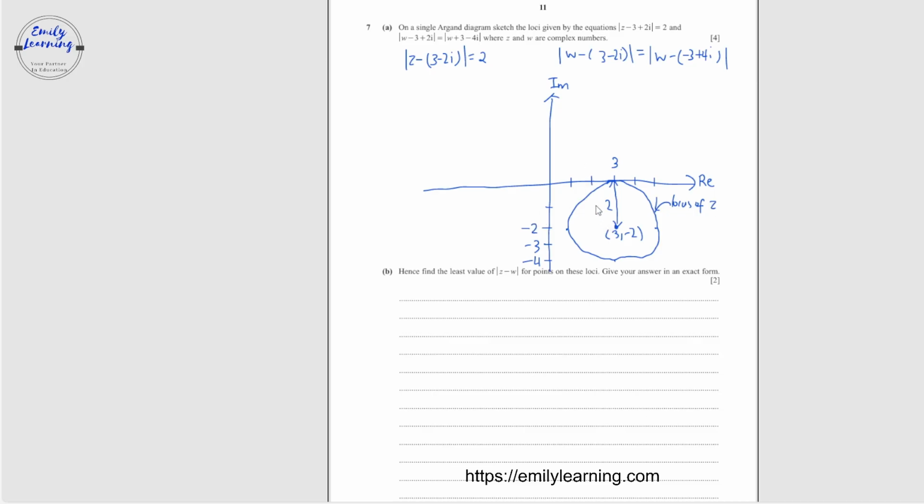Next, let's draw the locus of W. It is a perpendicular bisector of the line formed by these 2 points. So one point is 3, minus 2, the other one is minus 3, 4.